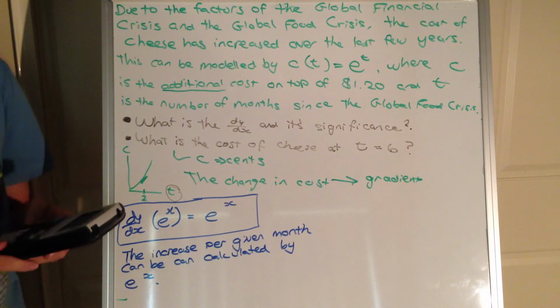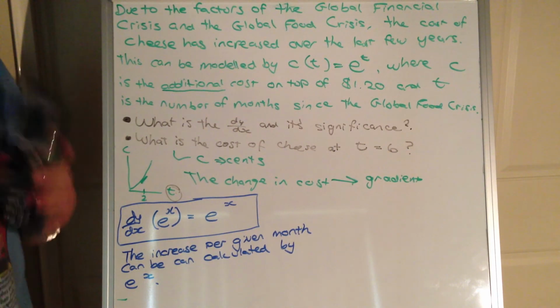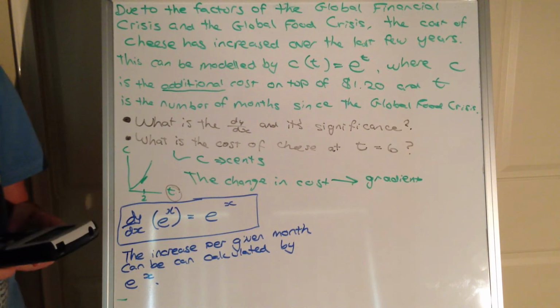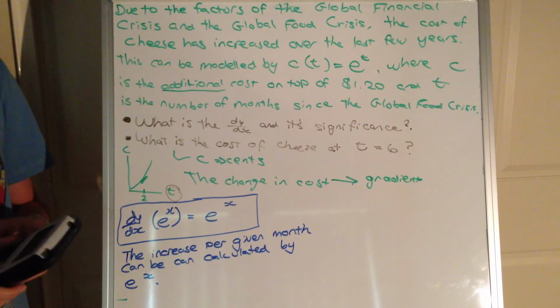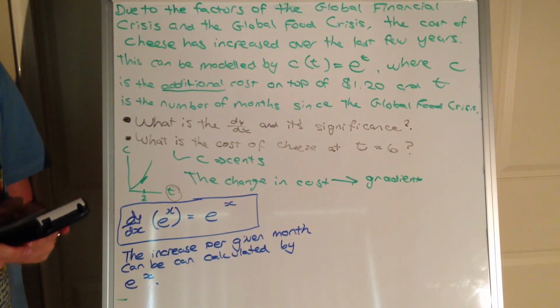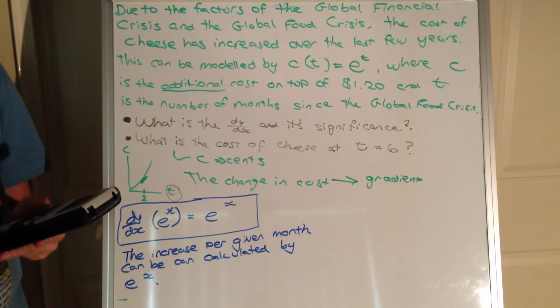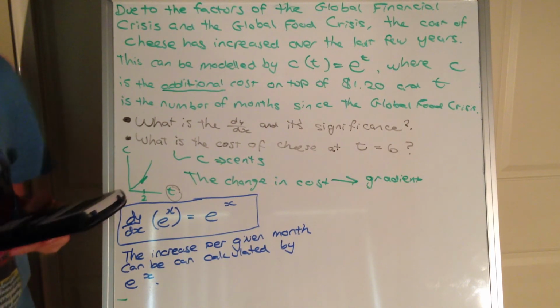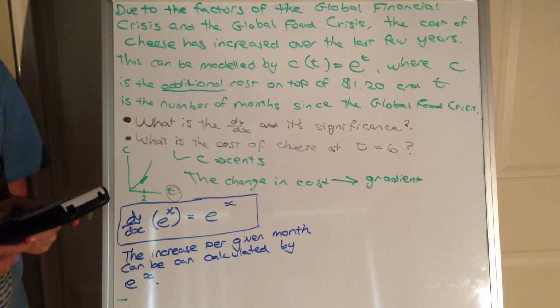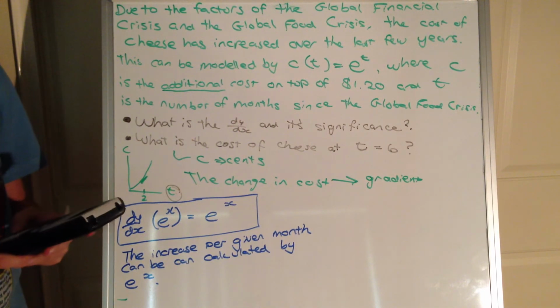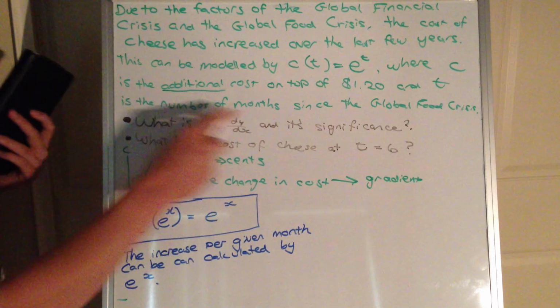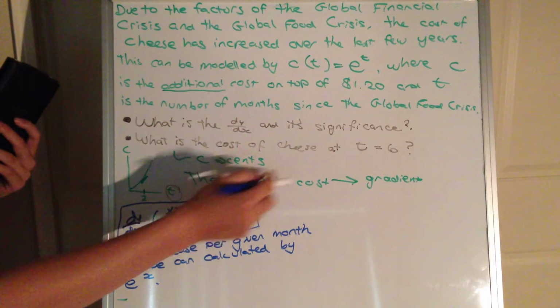But what we do in our calculators, on our TI-84s or our graphics calculator, if you have a Casio, is you would go second function, and then you'd press the ln button. It'd be e to the x. The ln button can be found next to 4 on the TI. And then when you've got the e in there, you just need to raise it to the number of months since the global food crisis in question.